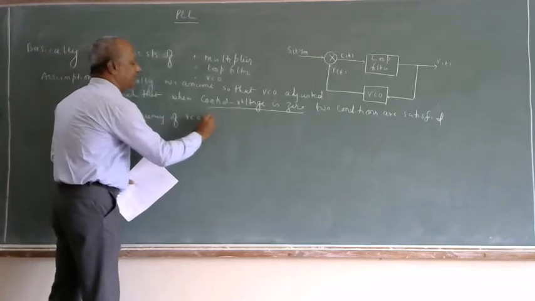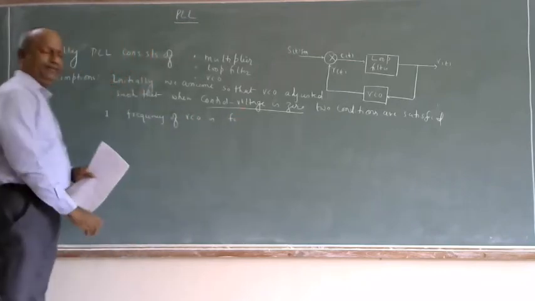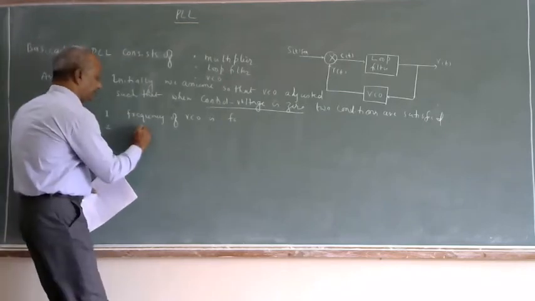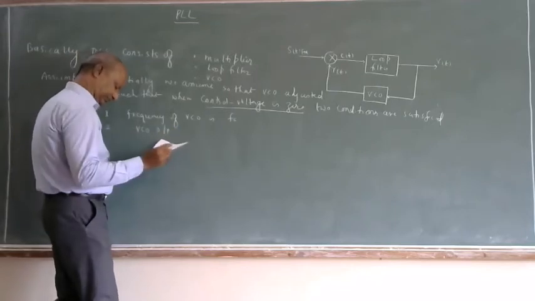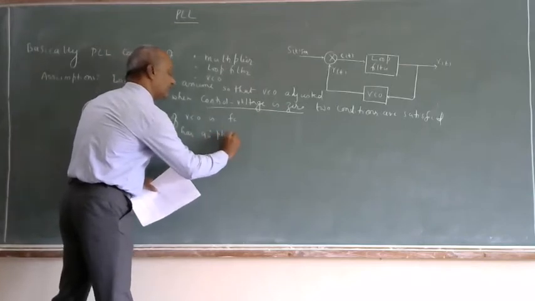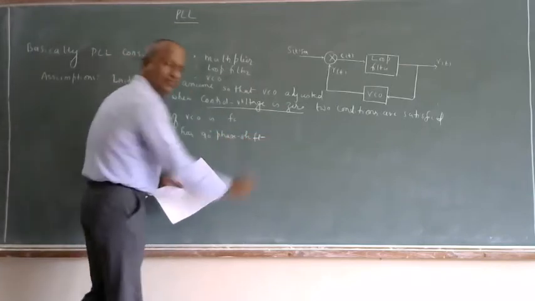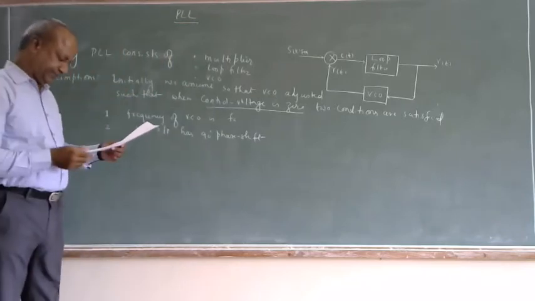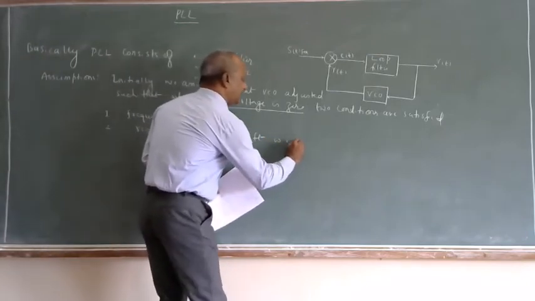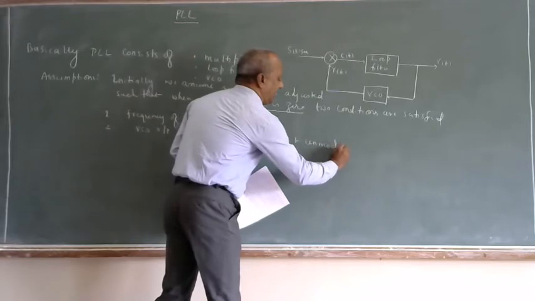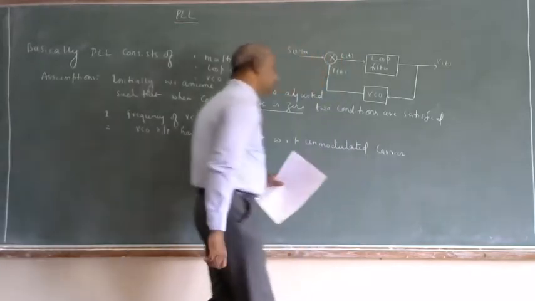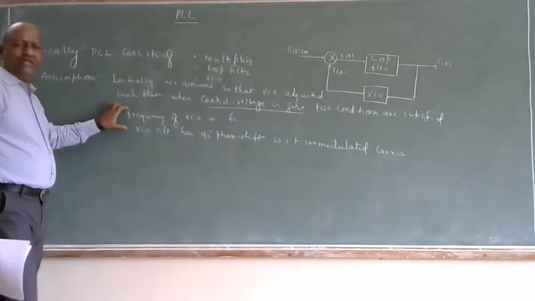Second, the VCO output has a 90-degree phase shift with respect to the unmodulated carrier. So these are the two important assumptions.